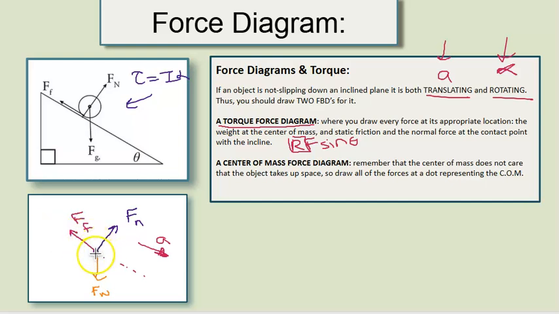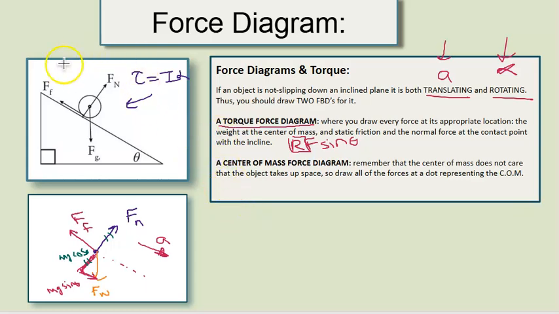I'm not going to break down friction, but I am going to break down the weight because part of it is parallel to the incline. That's your mg sine theta, which is what makes it slide. And part of it is perpendicular to the incline. That's your mg cosine theta that makes contact with the incline. And these two forces are always going to be balanced in these kind of problems.